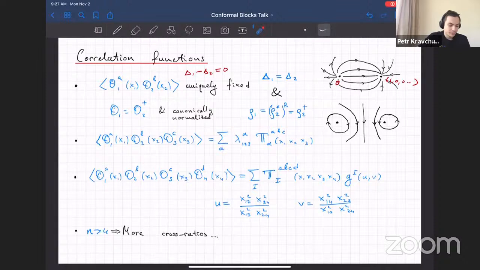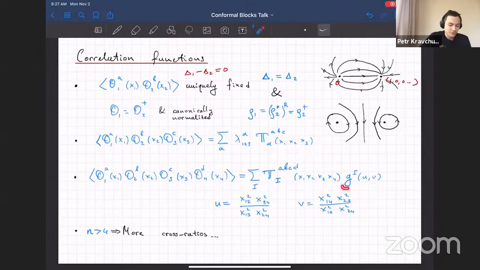And the same is true for 4-point functions. Probably everyone is quite familiar with the fact that 4-point functions are not uniquely fixed, and depend on cross ratios U and V, which are defined in the usual way. But the difference in higher dimensions from, say, 2 dimensions is that, again, there can be several 4-point tensor structures labeled by this large I, completely analogous to the 3-point structures.